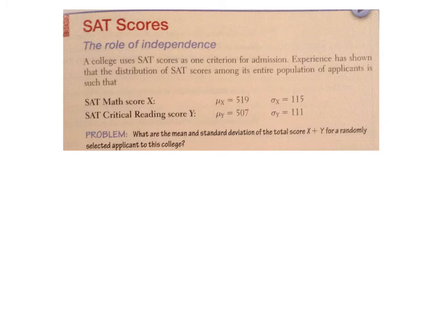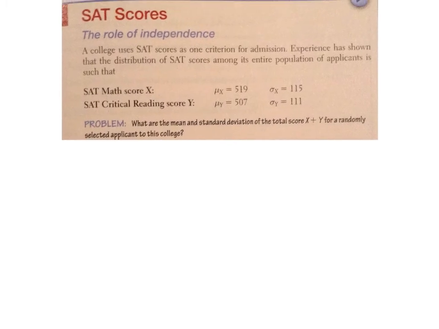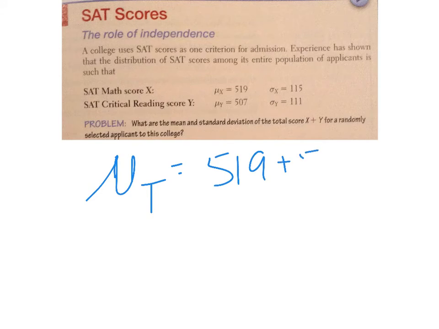Well, if it's a randomly selected applicant, I can find the mean of my total score by adding the two scores together, combining the two variables, meaning my mean total SAT score would be 1,026.